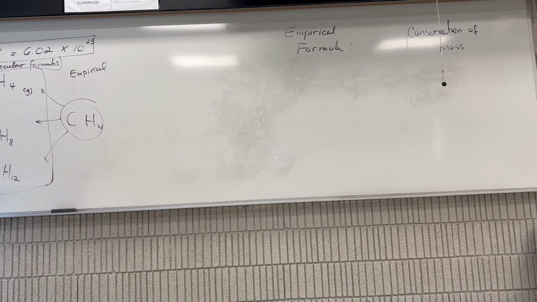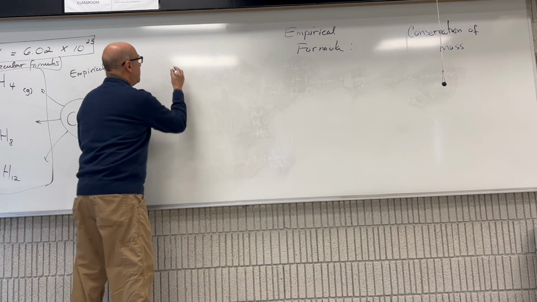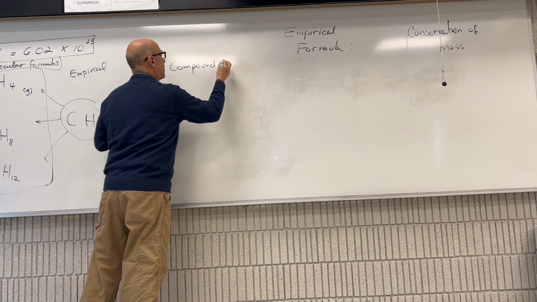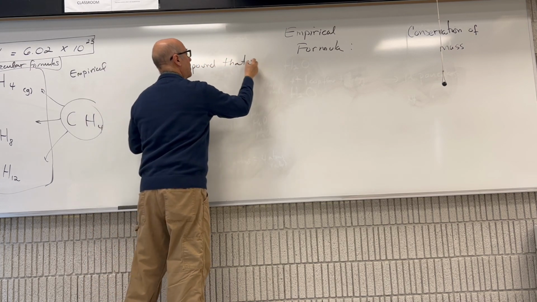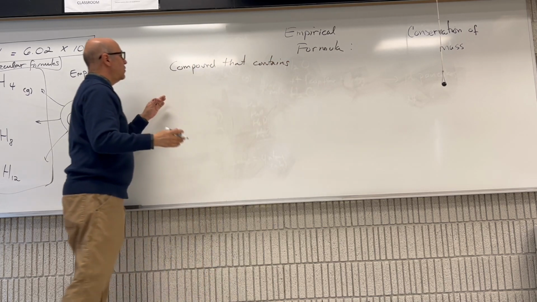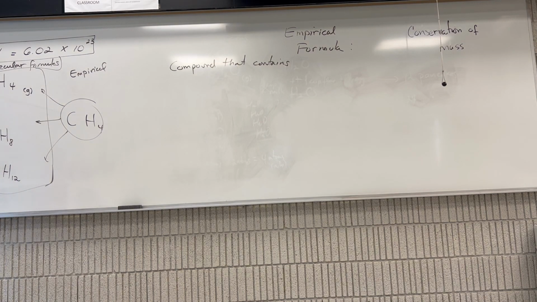So you have a compound. We have a compound that contains, and we don't know the formula of this compound, we just know that the compound contains iron and chlorine.